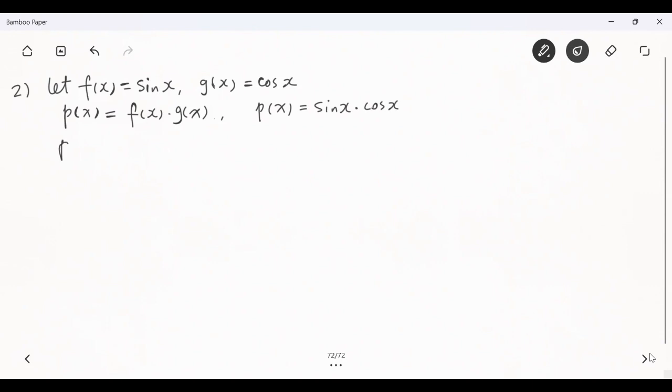Then we put the negative x in the x. Put the negative x, substitute the x, right? So the right side becomes sine negative x times cosine negative x, right? That means p negative x equal, the sine negative x is negative sine x because sine x is an odd function, and the cosine negative x is cosine x because cosine x is an even function.